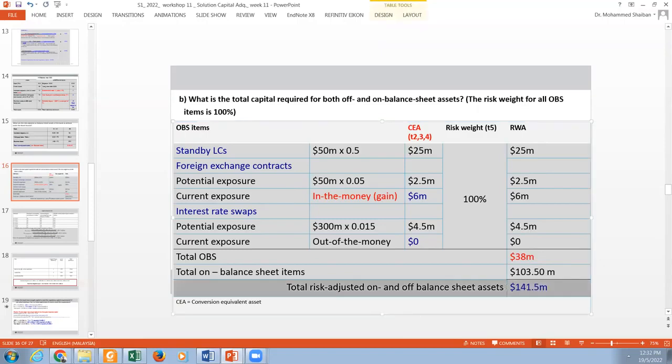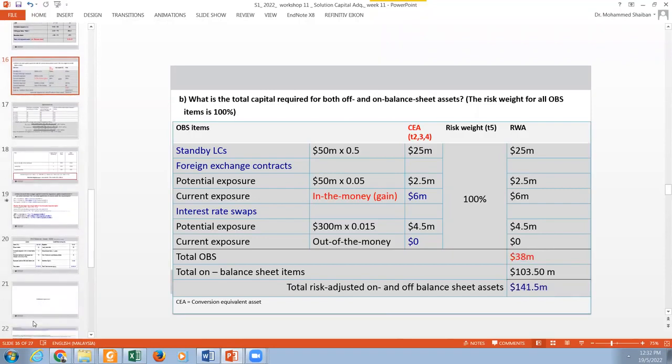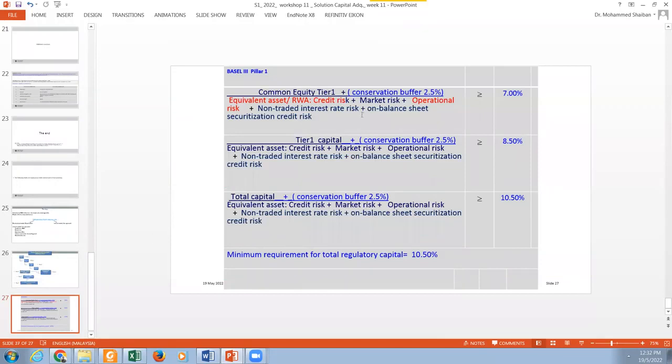So I have now 141 for the credit risk. So the risk-weighted asset, I get it, which means if you look at this formula, I'm done with this part, just the credit risk. I won't go into the market risk, operational risk, and all those risks.